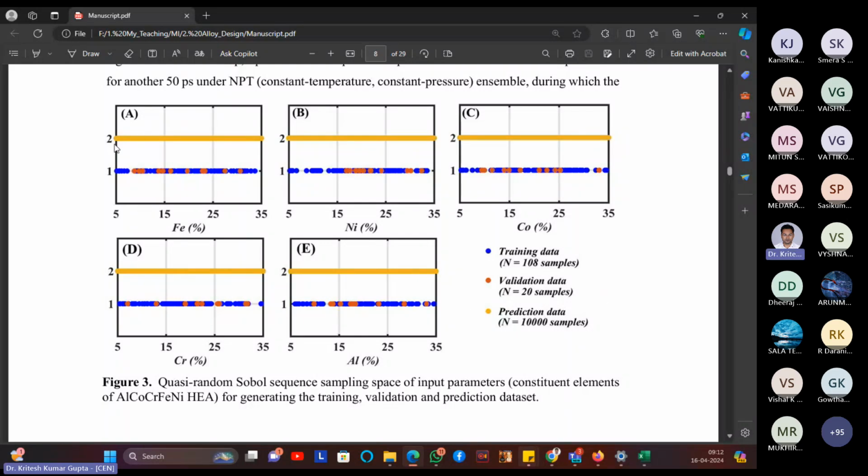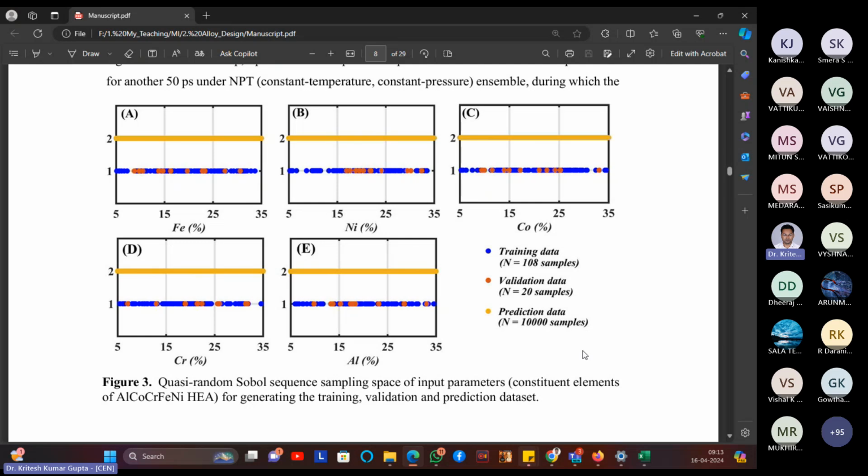But there is a second set of samples. These are 10,000 samples, meaning we randomly sampled 10,000 points between 5 to 35% for each individual feature. Ferrous is varying between 5 to 35%, and we have 10,000 random samples like that. Same is for nickel, cobalt, chromium, and aluminum.